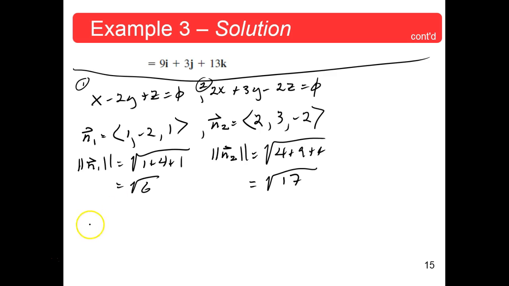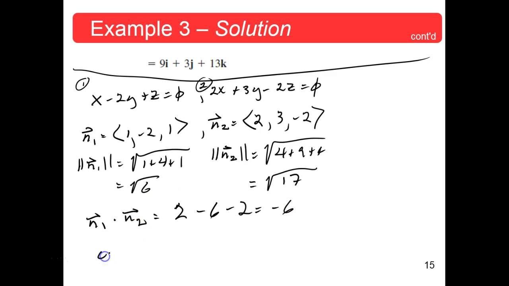Dot product. So what's N1 dot N2? 2 minus 6 minus 2, which is equal to negative 6, but we want the absolute value, so we're going to use 6.